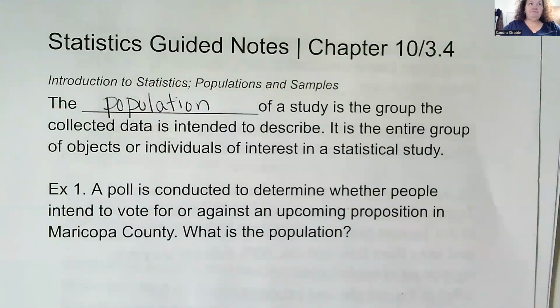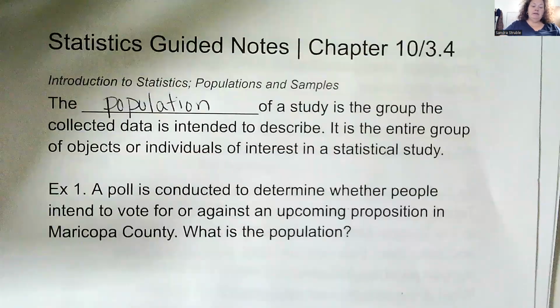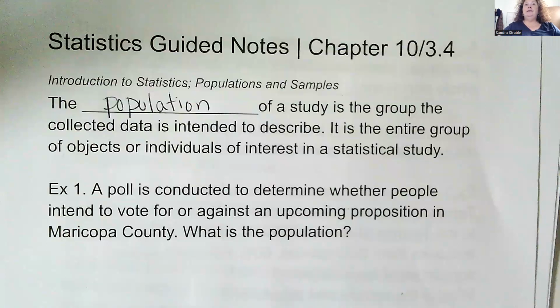Example 1, a poll is conducted to determine whether people intend to vote for or against an upcoming proposition in Maricopa County. So what is the population? Who are they trying to study? They're trying to study the population of all of the what?